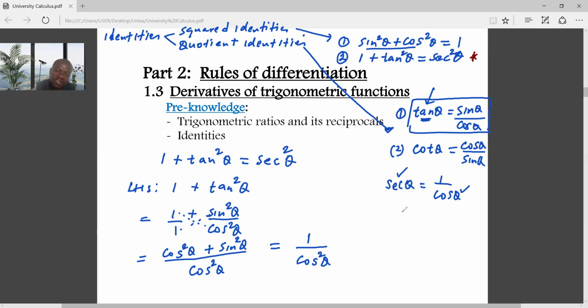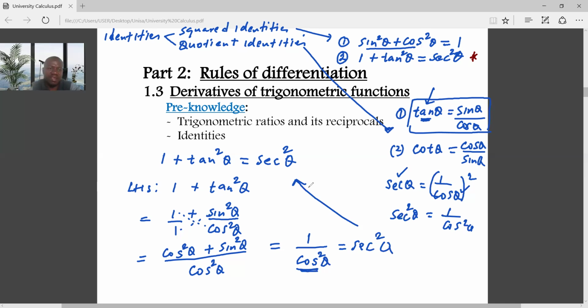So sec squared theta is 1 over cos squared theta, which is the same as this. So we've proved that 1 plus tan squared theta equals sec squared theta.